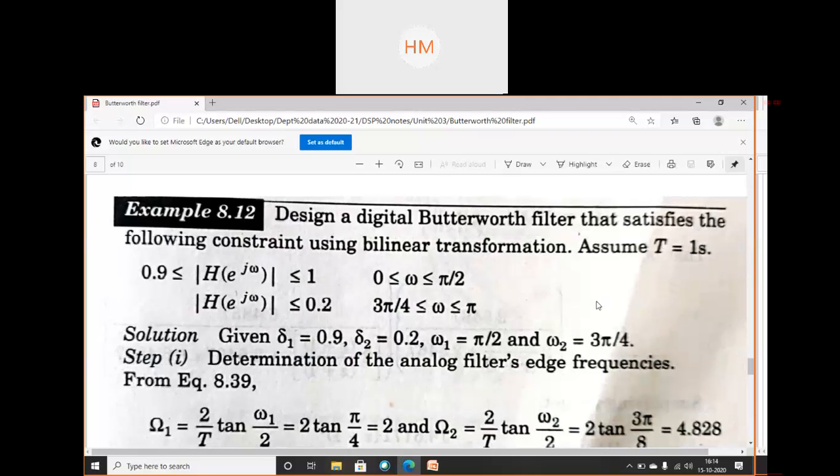After that, find out the ratio ohm 2 by ohm 1. After this, what is our second step? Determination of order of the filter.